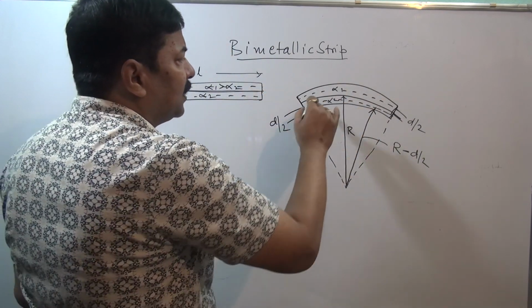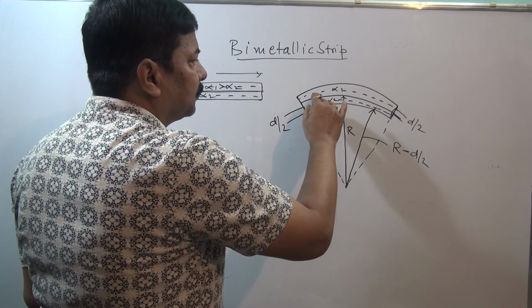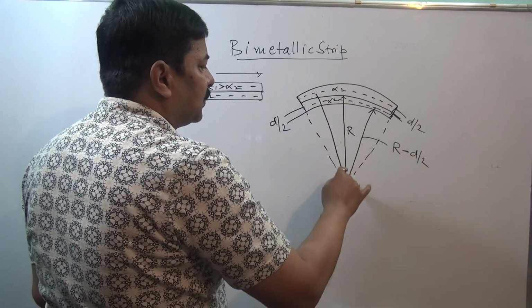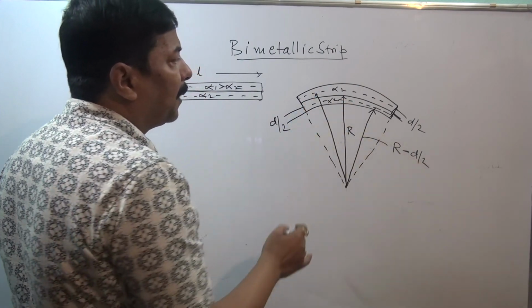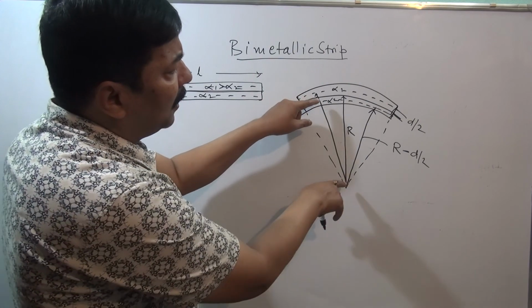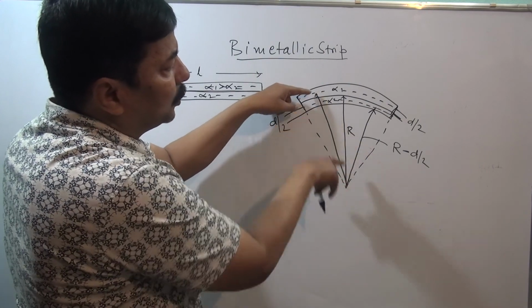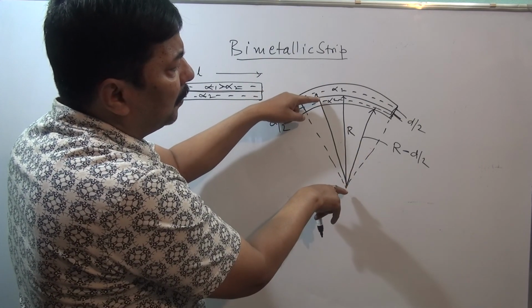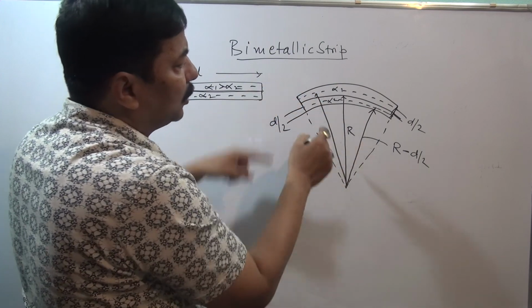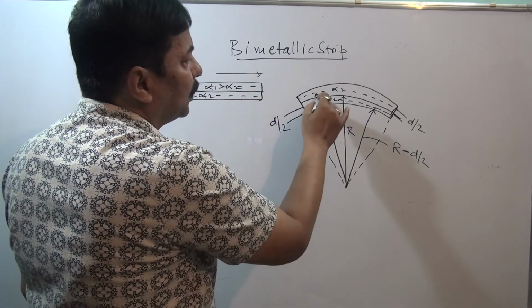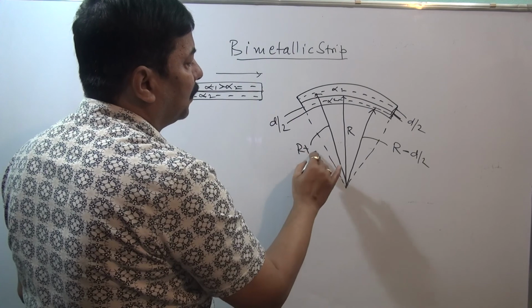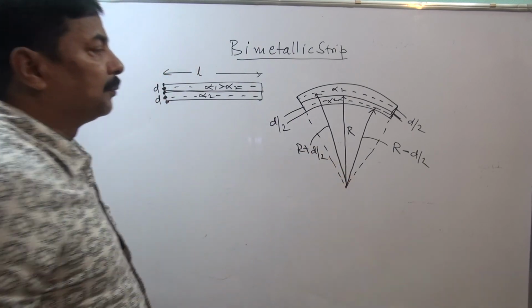And if we consider this distance, you see here, up to this it is r plus this d by 2. So this will become your r plus d by 2.